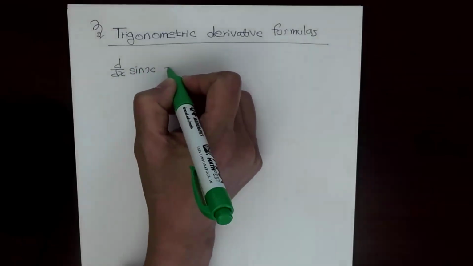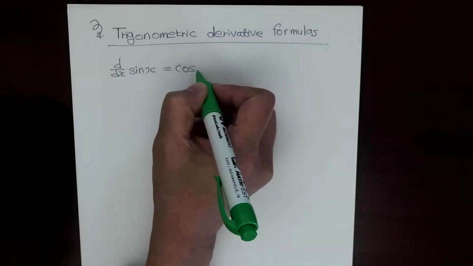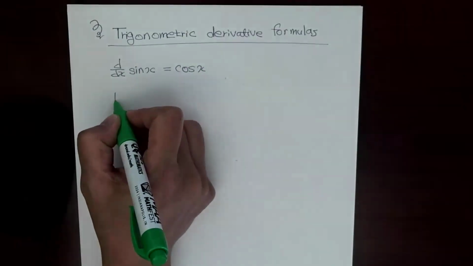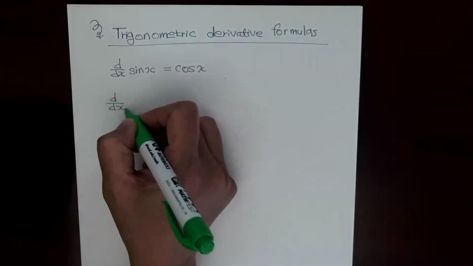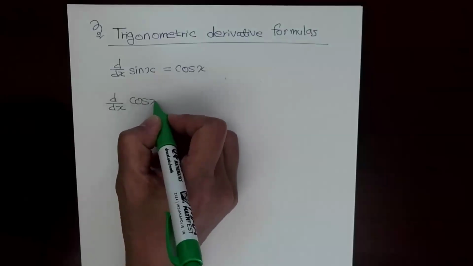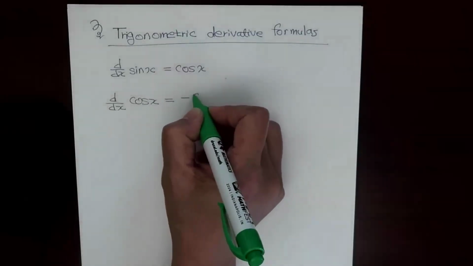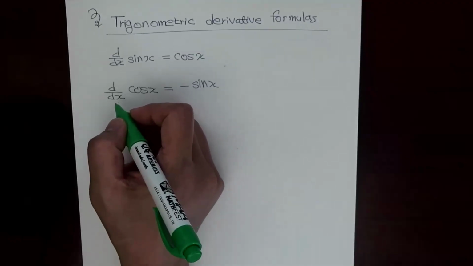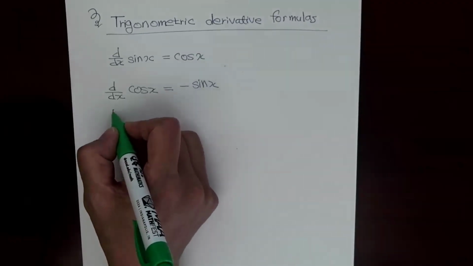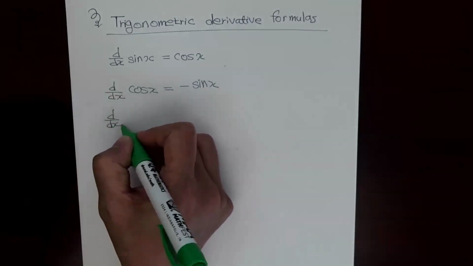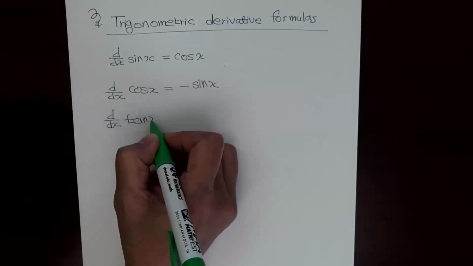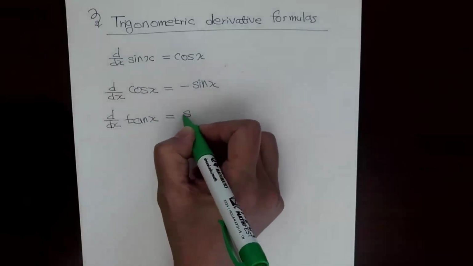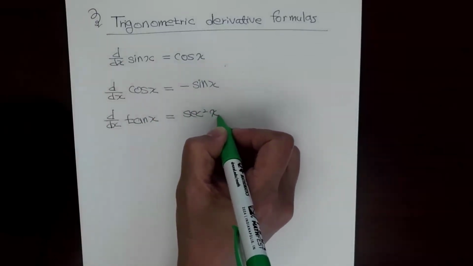Derivative of sine is cosine, and derivative of cosine is minus sine, and derivative of tangent is secant squared of x.